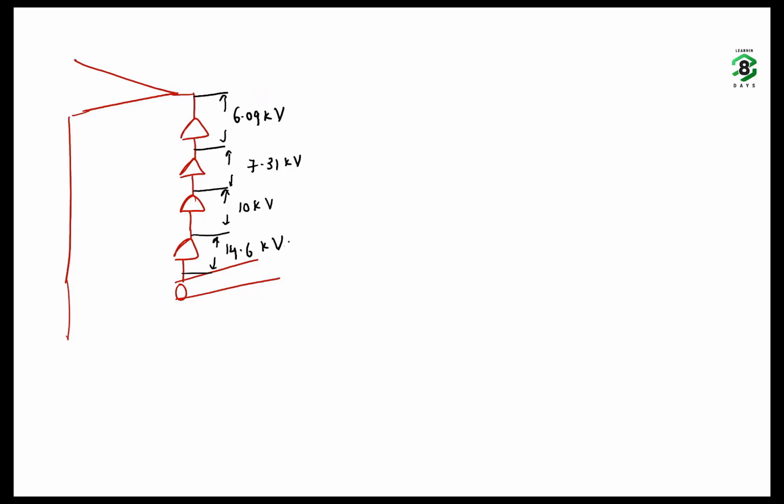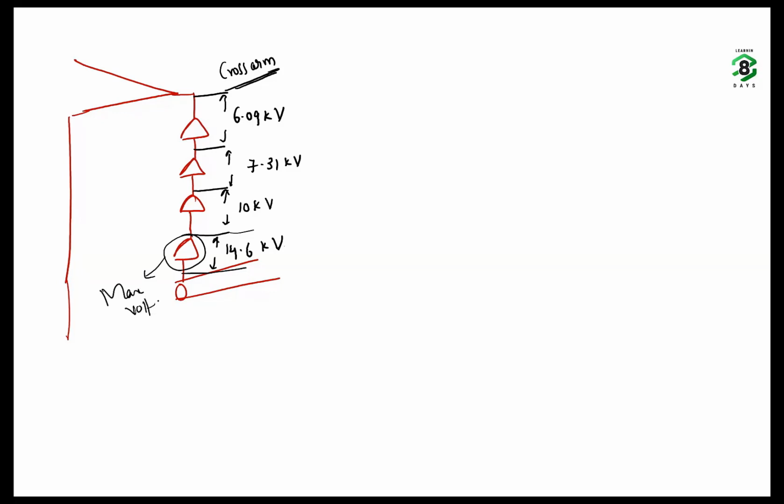The voltage across the disk connected to the cross arm is least, but as we move towards the conductor, the voltage of the disk is increasing. So the disk next to the conductor is having maximum voltage.